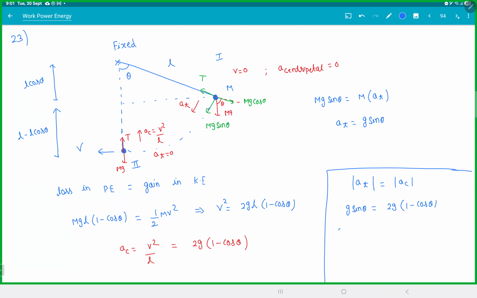Sin theta can be written as 2 sin theta by 2 cos theta by 2. 1 minus cos theta can be written as 2 sin square theta by 2. One sin theta by 2 will cancel, 1 2 will cancel. You will end up with tan theta by 2 is equal to half. So theta will be 2 times tan inverse half. Clear with that?